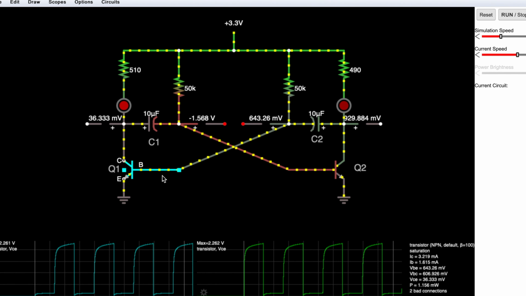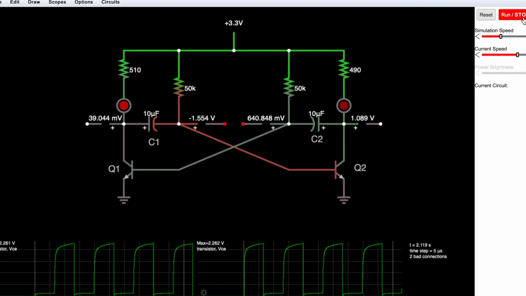Obviously, there's not a direct switch off, but the moment that happened, and let me stop this, the moment Q1 switched on, the collector of Q1 was pulled down to effectively 0 volts. Here you can see 39 millivolts, which basically made the right side of C1 to be at minus 1.5 volts. And this switches off the Q2 transistor.